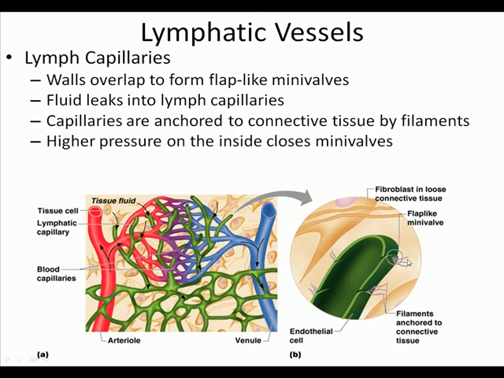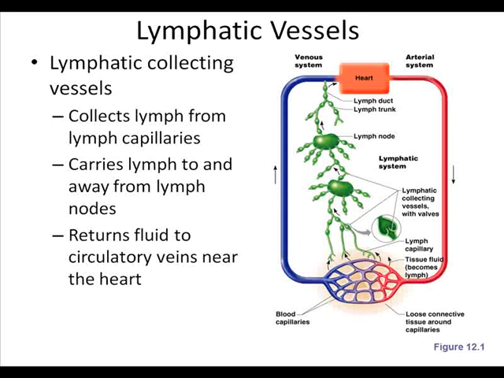So when there's pressure inside the lymph vessel, because it's already got stuff in it, it'll close off these valves and not take more fluid from outside. But when there's not a lot of lymph in there, and particularly if there's a lot of fluid around the lymph vessel, those little flaps open up and fluid can flow into the lymph vessel.